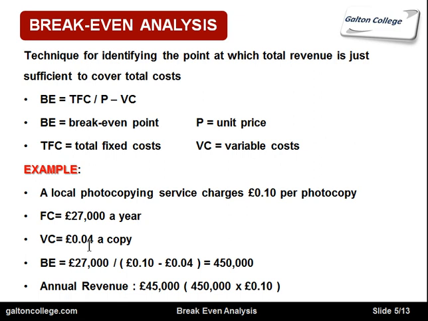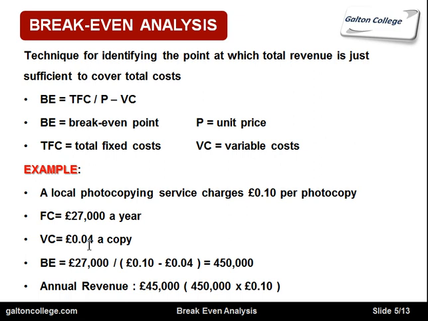Now the variable cost of a photocopy, well, each photocopy will cost something. It'll cost the paper it's printed on for a start, it'll cost the ink, the electricity used to power the machine, and it may include labour, somebody to do the photocopying. Now these are variable costs because those will vary the more output there is.